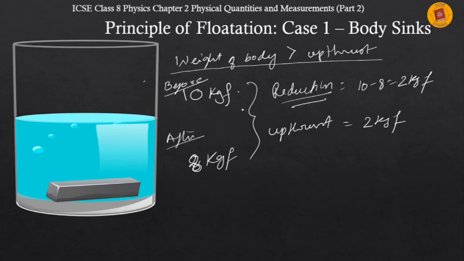Now see, this weight W is greater than the upthrust, which is 2 kg. Of course, 10 kg will be greater than 2 kg. In this case, the body will sink. Now what is happening? We have studied about equilibrium, right?